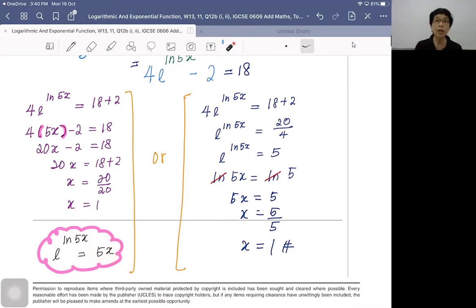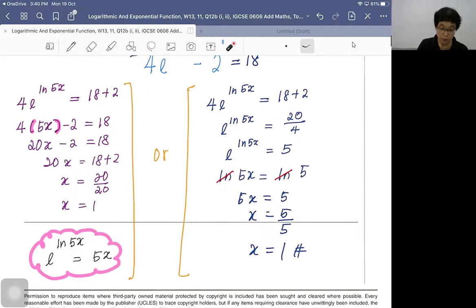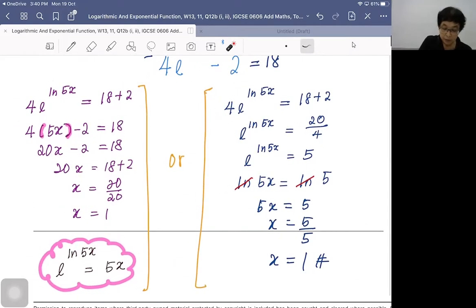If you're familiar with that, from this statement you will conveniently know that it equals 5x. So from here, you just expand the bracket to get 20x minus 2 equals 18, and so on. You know what's happening from there onwards.